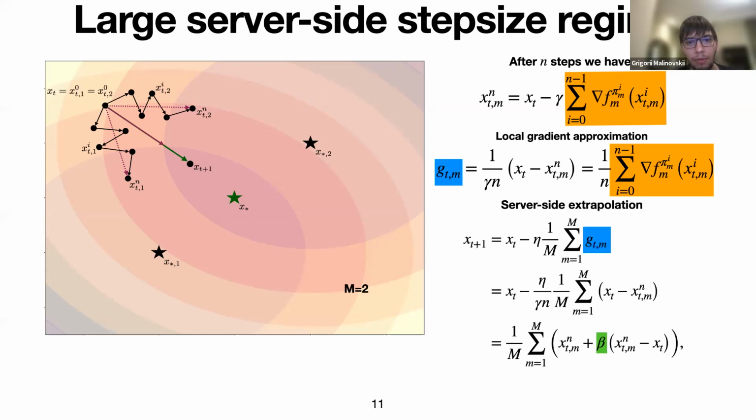So we do this gradient type update, and if we replace g_t^m by its definition and rewrite the update rule, we can see that the server-side step from x_t is just equivalent to an additional jump from the average point, which is illustrated as the solid purple line. So the jump would be the green line in the direction of the difference of the average point and x_t.